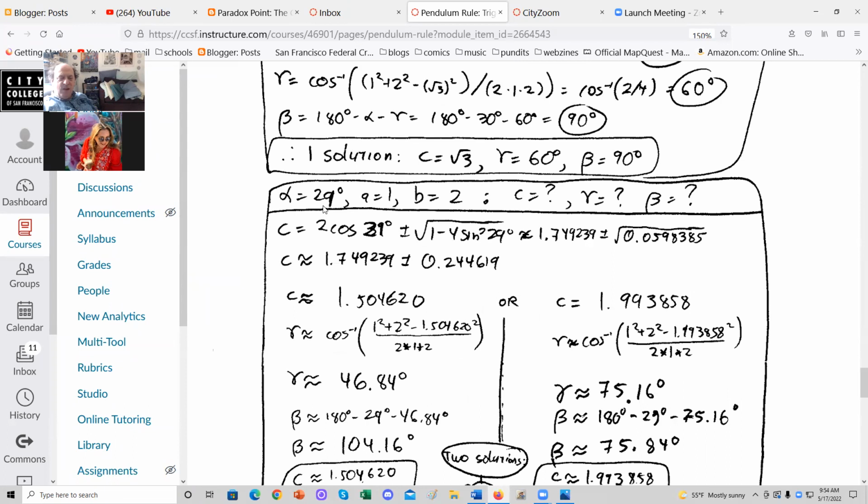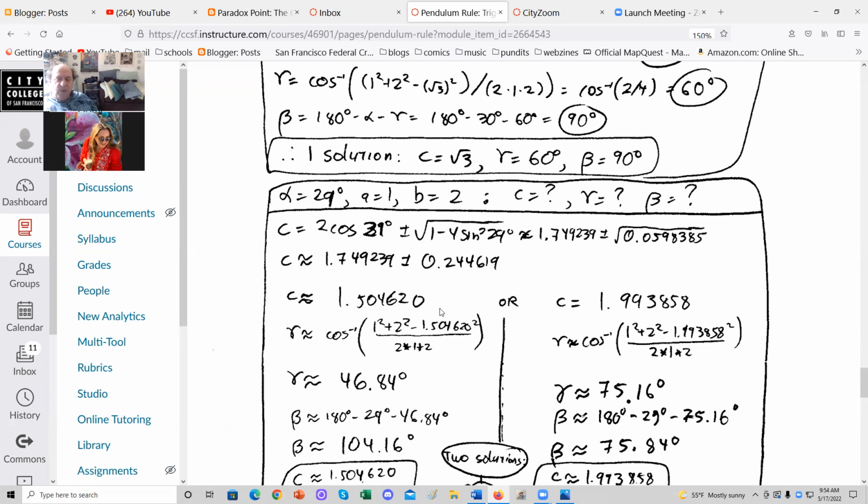Here, alpha is a little bit smaller. And let's see what happens. Well, we'll get 2 places. C is 2 cos 29 degrees plus or minus the square root of 1 minus 4 sine squared 29 degrees, which comes out to about 1.749239 plus or minus 0.244619. So there's 2 solutions to it.